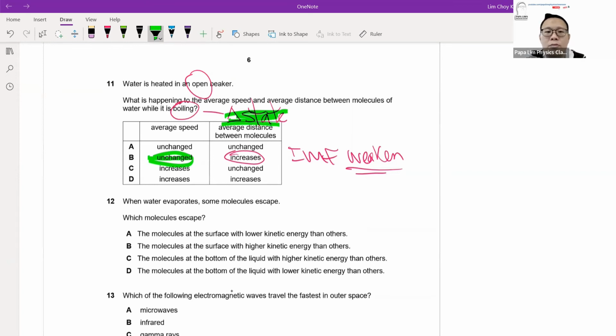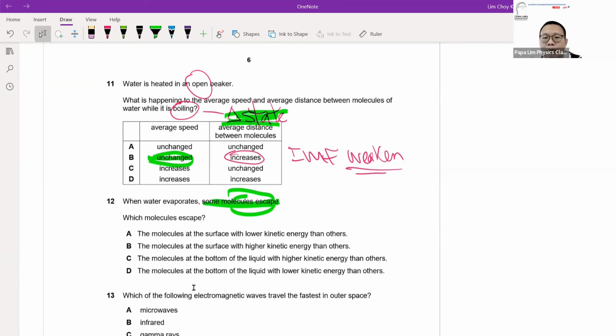So take note of the understanding, whereby you can craft these sentences in terms of wording, like in an exam question in section B, or it can also be a section A question. Now, when water evaporates, some molecules escape. When we talk about evaporation, we're looking at the surface of the liquid, and the energy of the molecules differs.